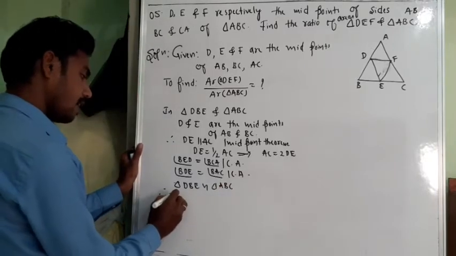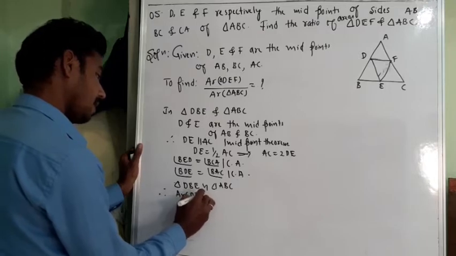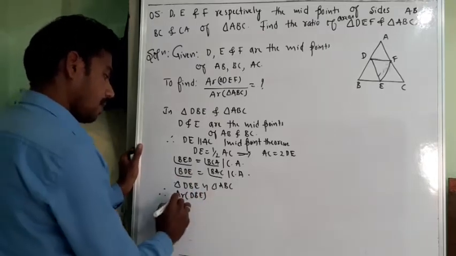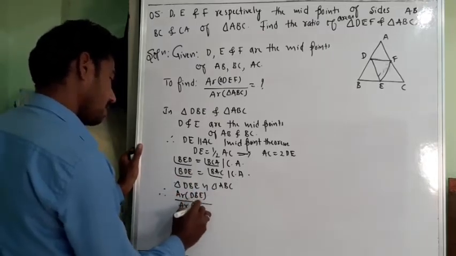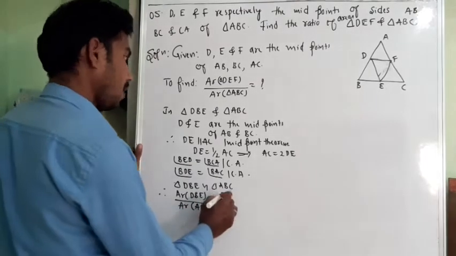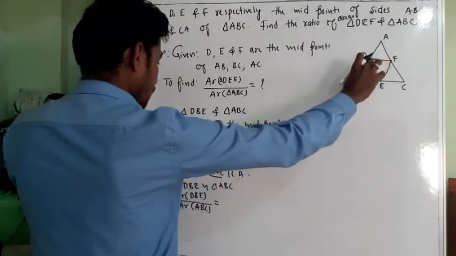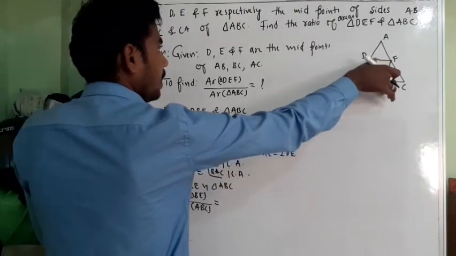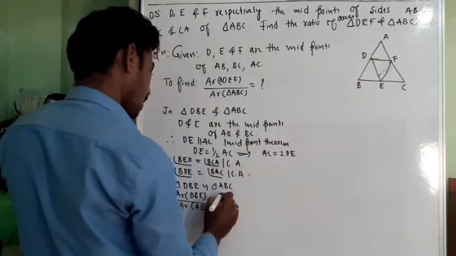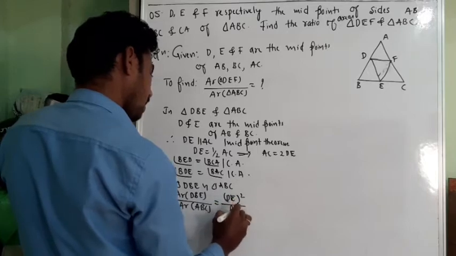Therefore, what can I write? Area of triangle DBE divided by area of triangle ABC is equal to DE square divided by AC square.